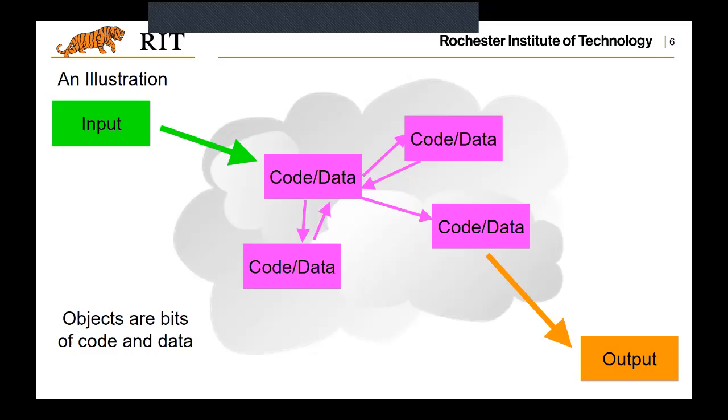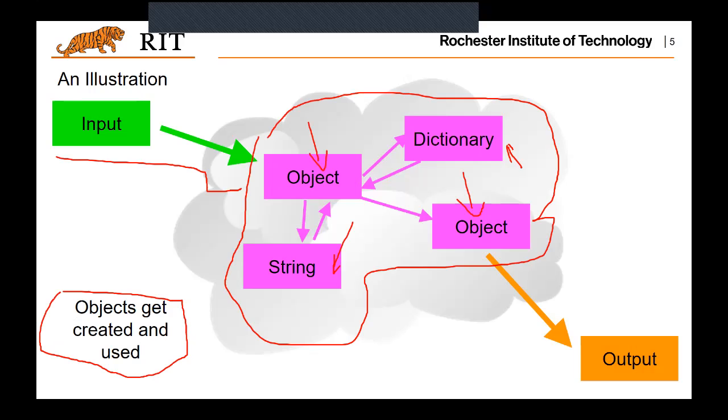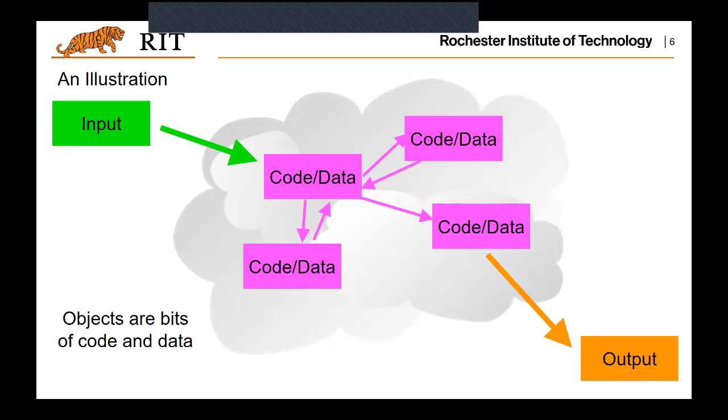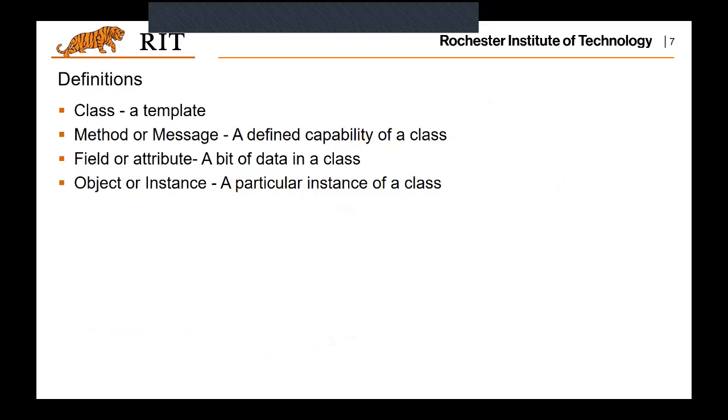If we look at the definition of object, each of the objects, no matter whether it's a user-defined one or a built-in one, is a combination of code and data, and they work together and interact with each other to achieve certain tasks. There are several definitions for an object.